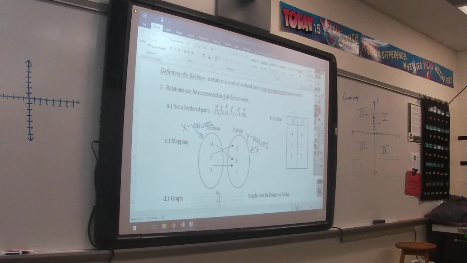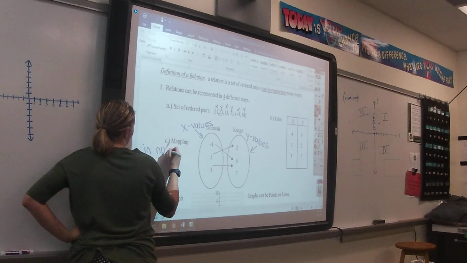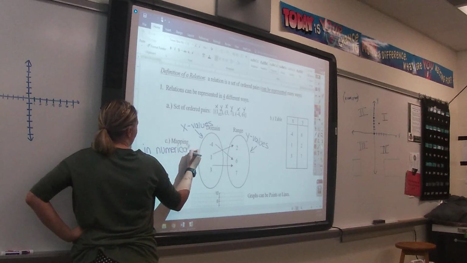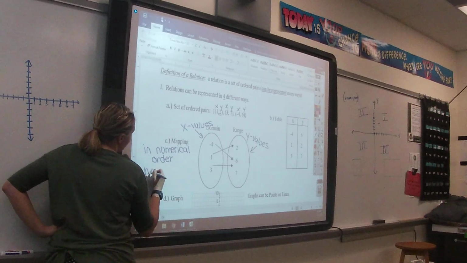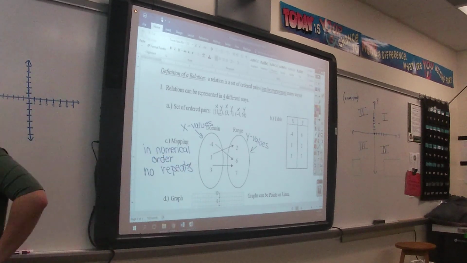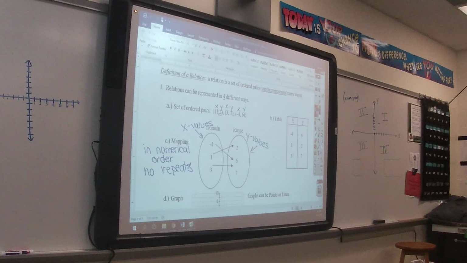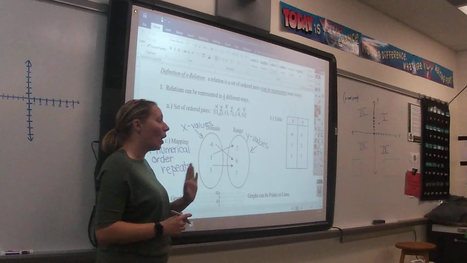When we create a mapping, we need our numbers to be in numerical order. What does numerical order mean? In order from least to greatest. And we can have no repeats, which means if we see a duplicate number show up as an X value, we can't write it twice.